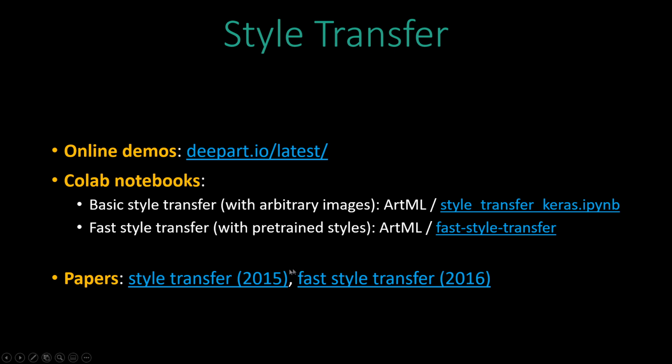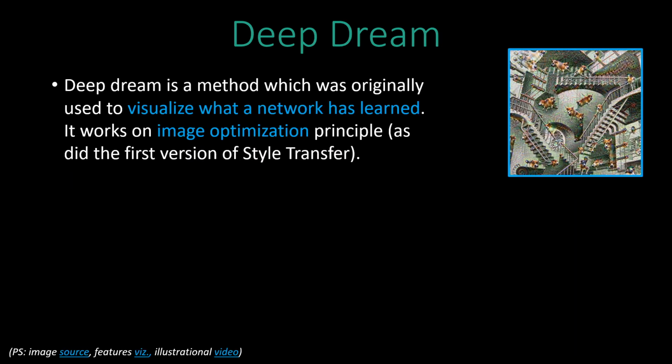You can also notice that this is relatively old, like 5 years old, which is relatively old when it comes to state-of-the-art machine learning approaches. So yeah. Okay, so that would be about style transfer.